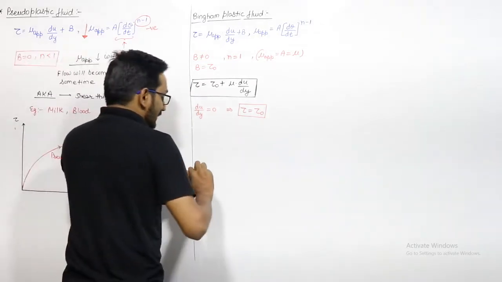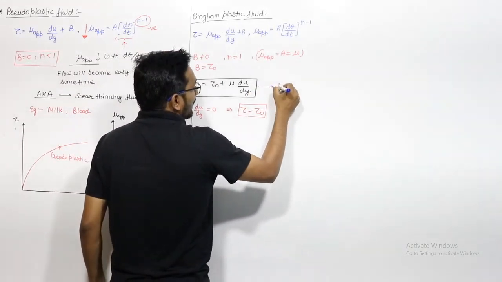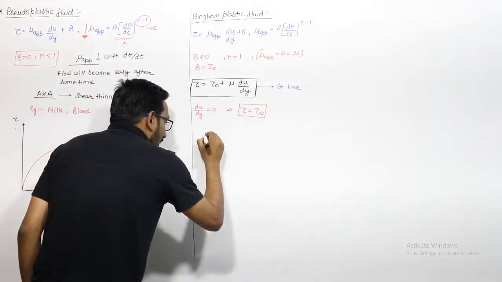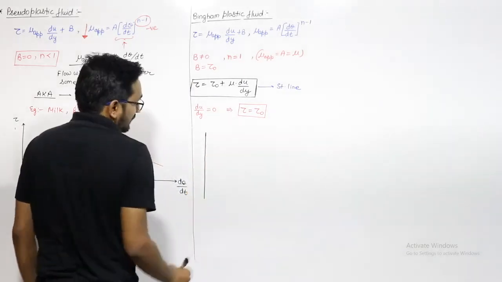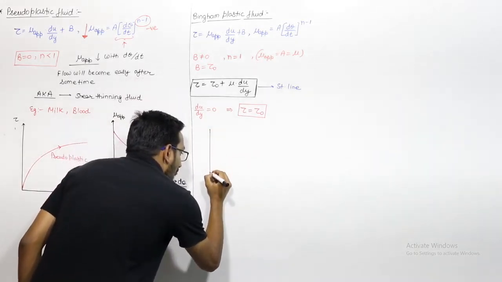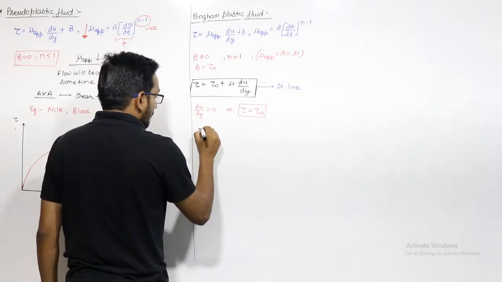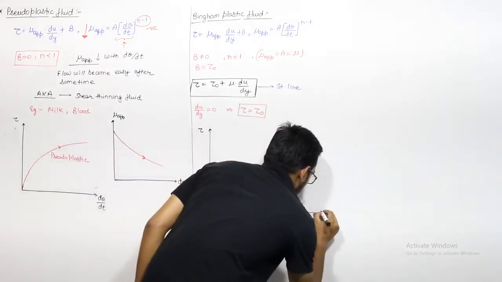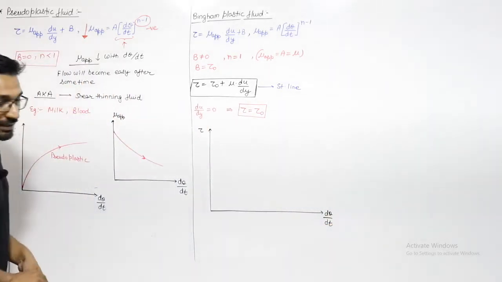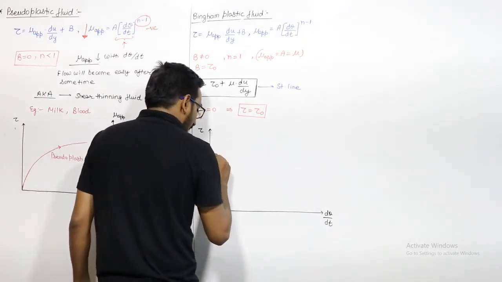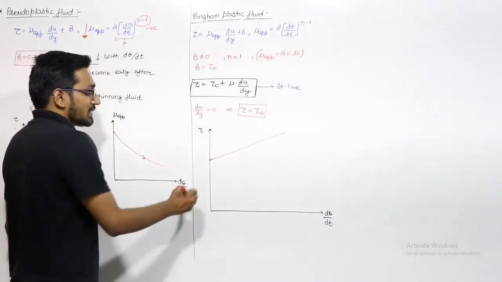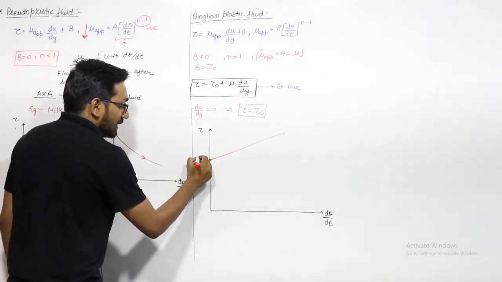So this is a straight line equation. If I put the graph of shear stress versus d theta by dt, then the graph is a straight line, but it will start from some point, and this value is tau naught.